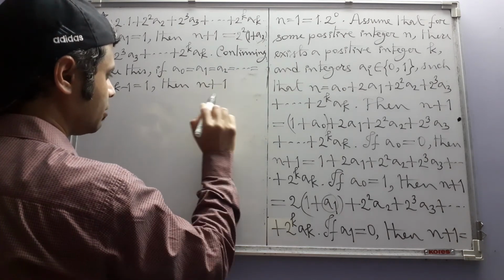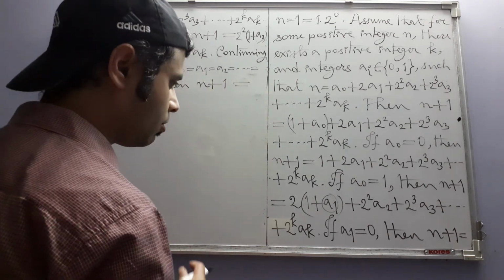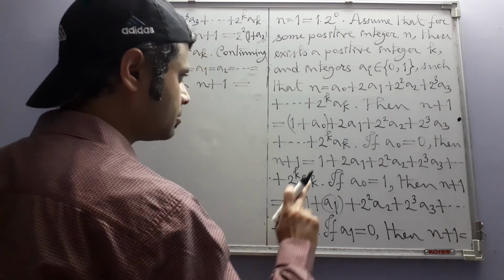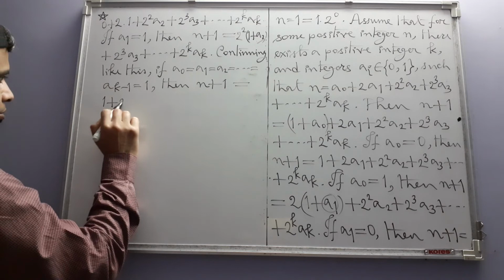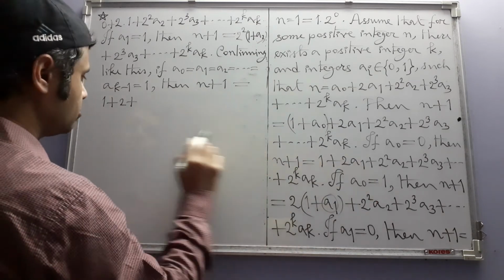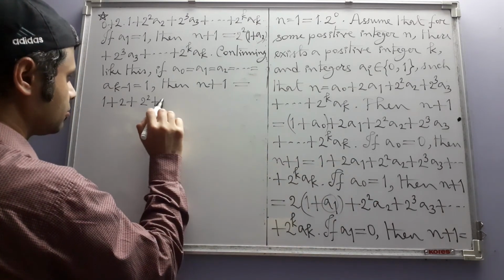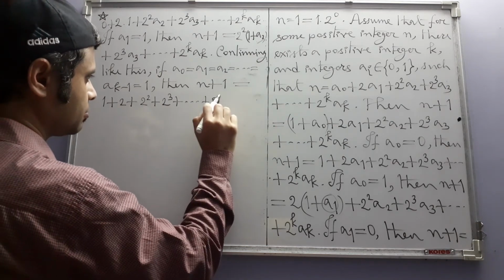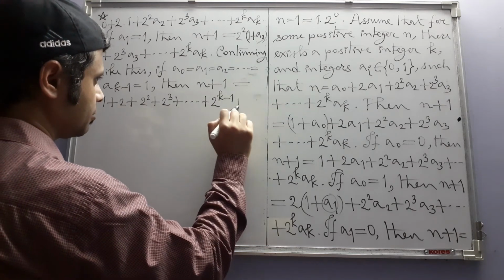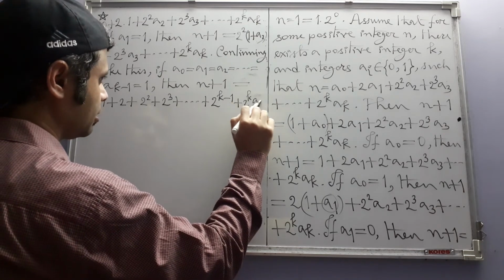Then n plus 1 becomes what? All of them are 1. So 1 plus 2 plus 2 square plus 2 cube etc. plus 2 to the power k minus 1 plus 2 to the power k ak.